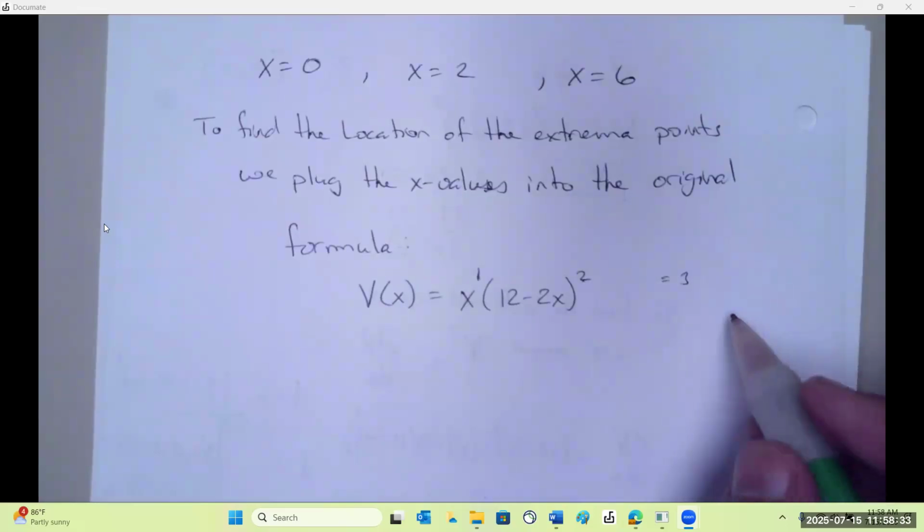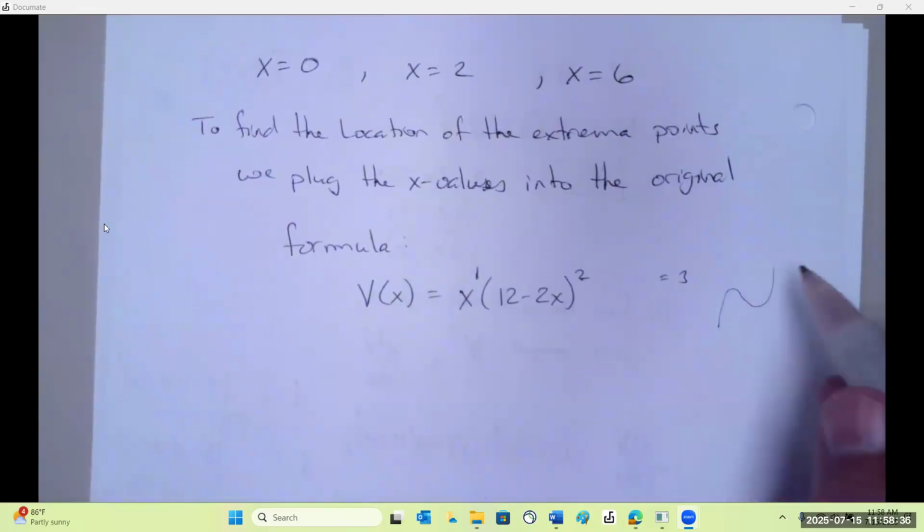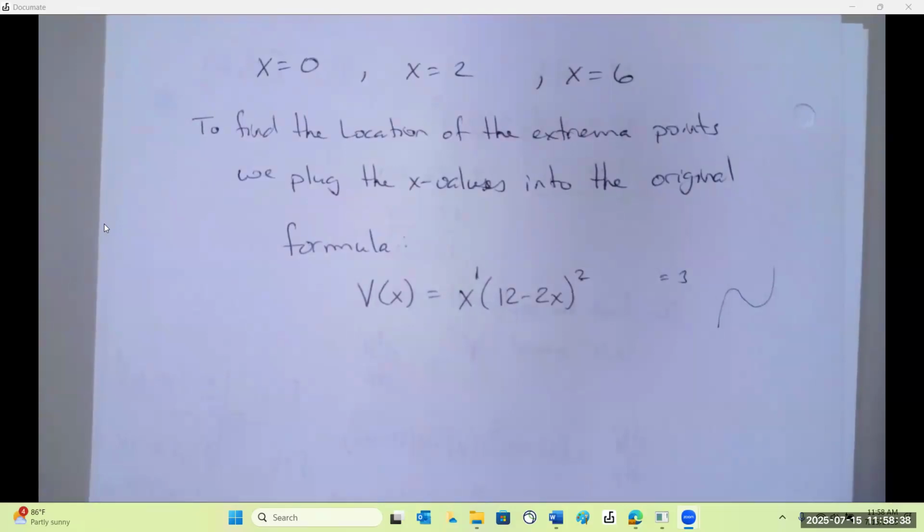So we're going to have a function that looks like this, or a function that looks like this. Is it positive or negative? You sure? How do you know? We don't have a leading coefficient. This is not the leading term. The leading term would be the biggest exponent. We have to multiply these out first.